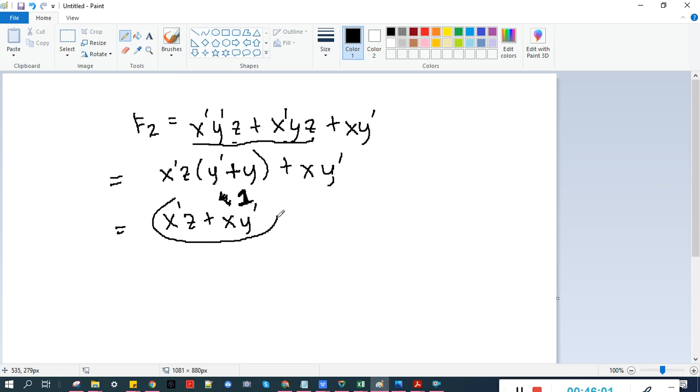Can we further simplify this one? Let's try applying the distributive property. So x prime z, let's distribute the OR operation. X prime z ORed with x, and then let's multiply x prime z.